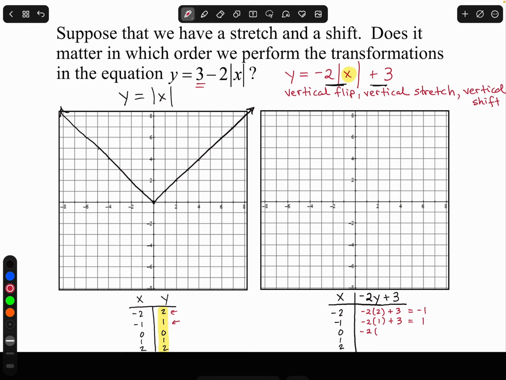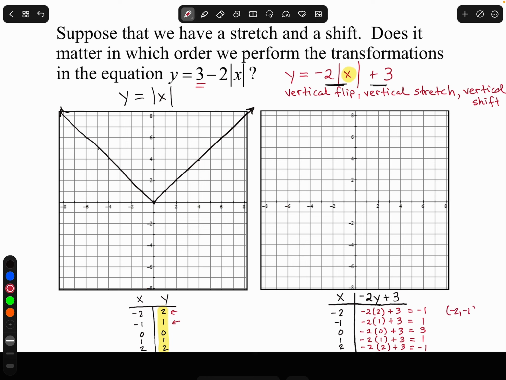When I plug in 0, I'm going to get 3. Then we're going to plug in 1, and that should be the same thing we got above, so that should be a 1. And then the last one, negative 2 times 2 plus 3, and that should take us back to negative 1.